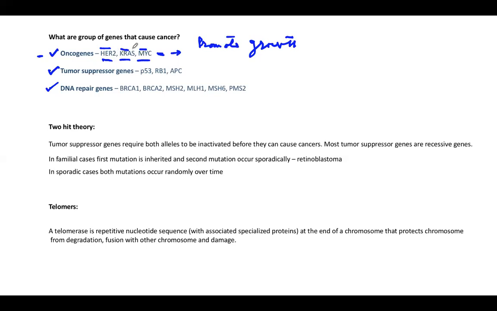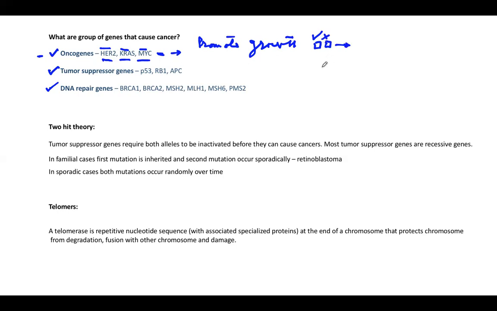So oncogenes are the genes which then promote growth autonomously, even when there is no growth signal. All the genes we know have two copies. For oncogenes, even if only one copy is abnormal, they end up promoting cancer.